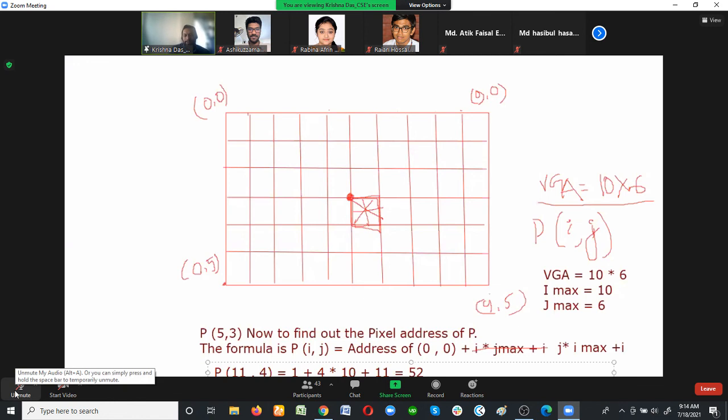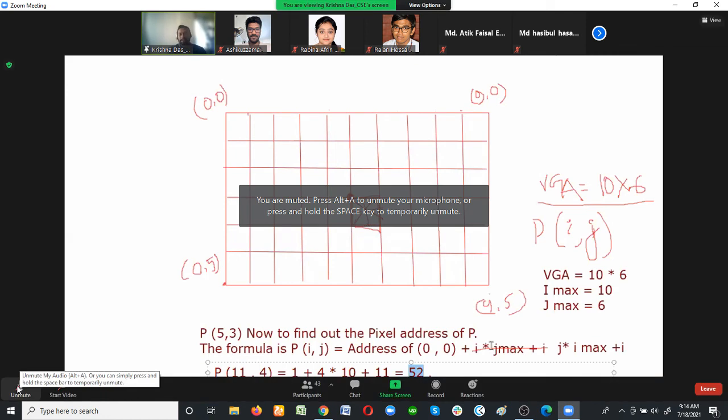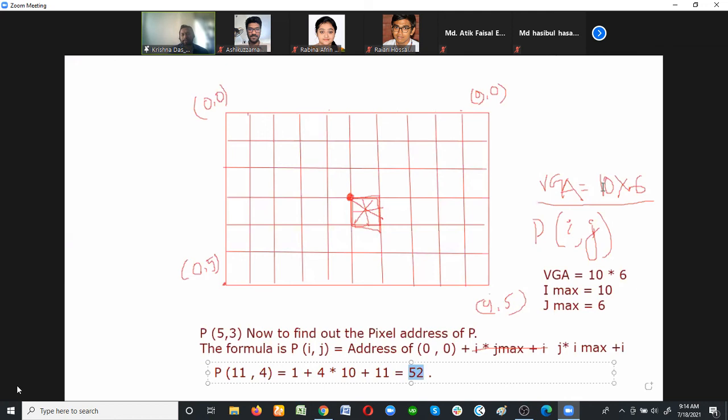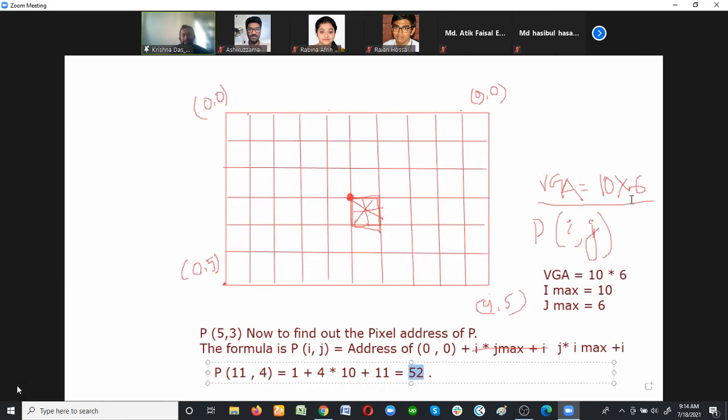Now the address you have got is according to the valid resolution that you have. In between that you can find that address, because the total number of pixels that you can identify is 60, isn't it?